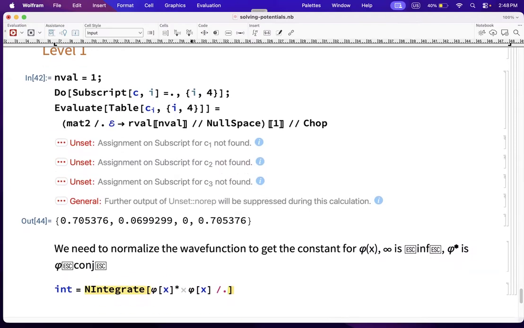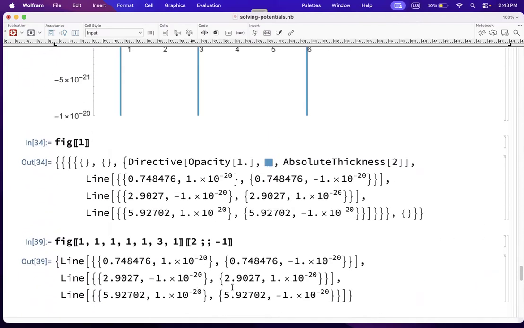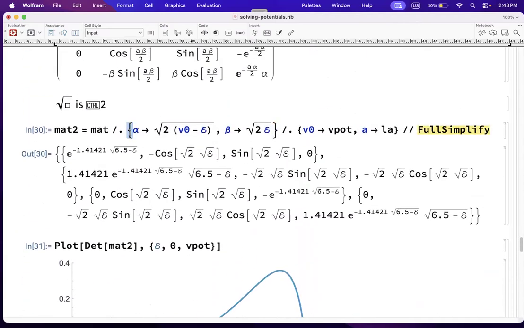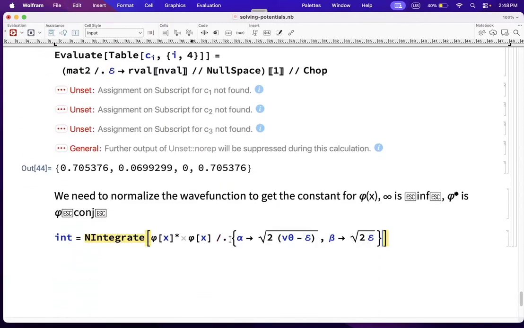Do not repeat; copy this part here, please. Alpha this. And now we're going to replace the energy, right? It is rval, double brackets, nval.